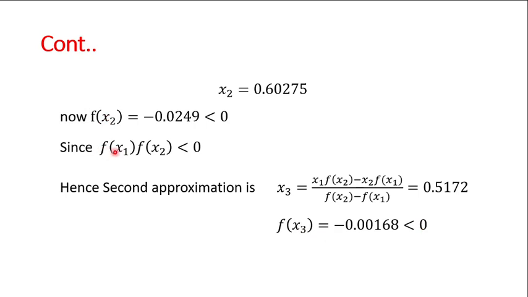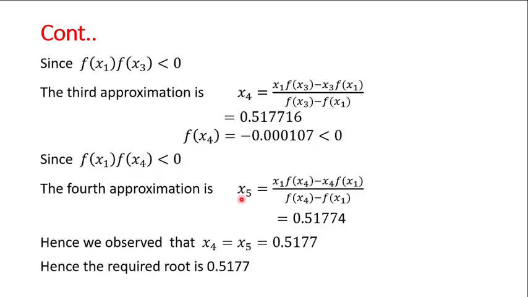Therefore, x1 and x3 bracket the root. Hence, f of x1 into f of x3 is less than 0. Therefore, x4 can be written as x1 f of x3 minus x3 f of x1 divided by f of x3 minus f of x1. Substitute the values, we get 0.517716.